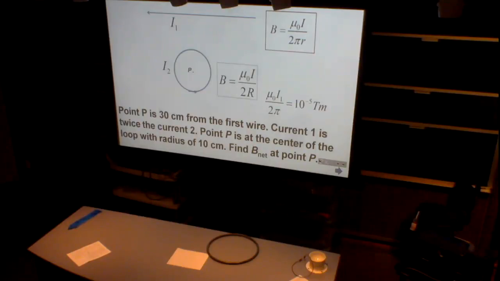For any standard arrow, we have 6 standard directions: left or right, up or down, into the screen or out of the screen. For the straight wire, we can apply the right hand rule number 2, I guess, and for the loop, the right hand rule number 3.